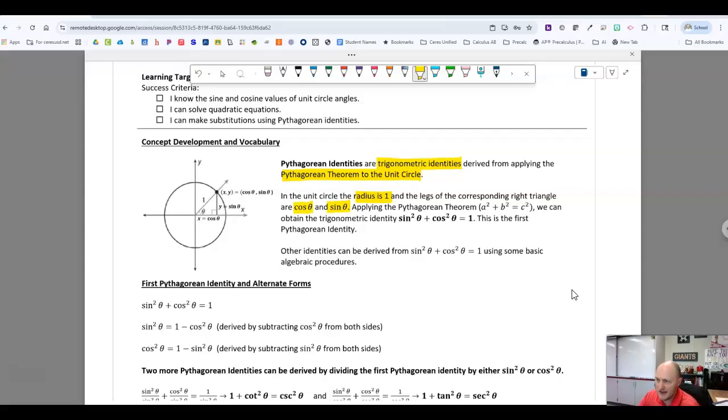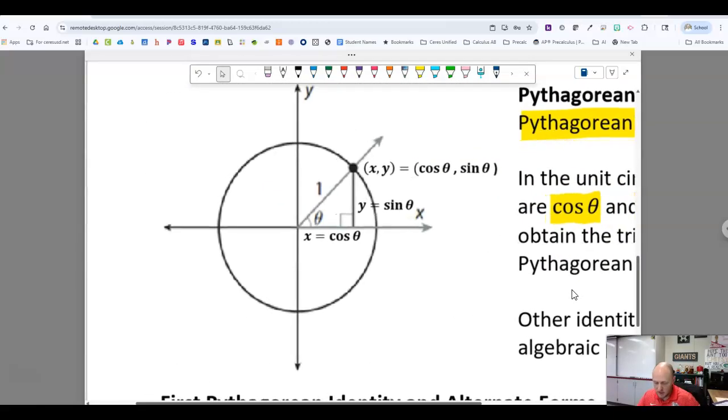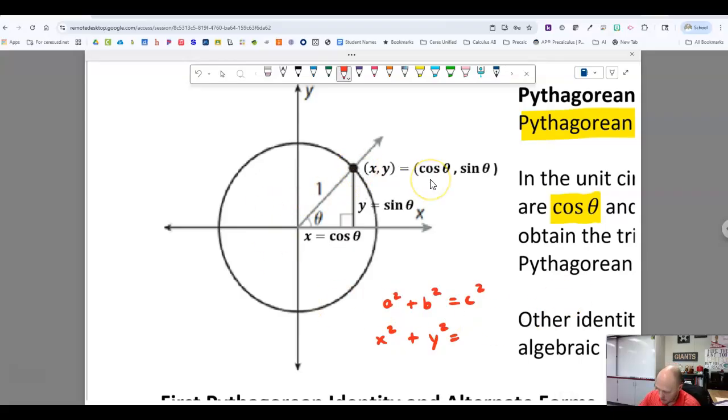So if I look at a right triangle, the Pythagorean theorem says a squared plus b squared, those are my two legs, squared will equal c squared. So in this case, my a, that can be x squared, plus my y squared is going to equal my radius squared. Well, my radius is 1 squared.